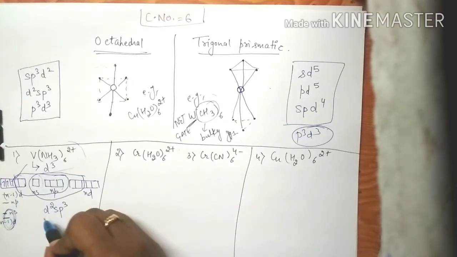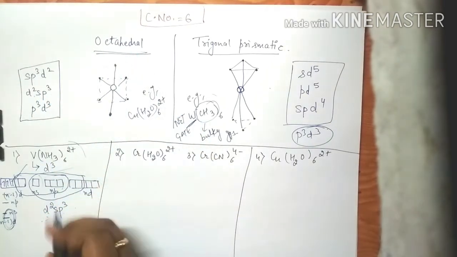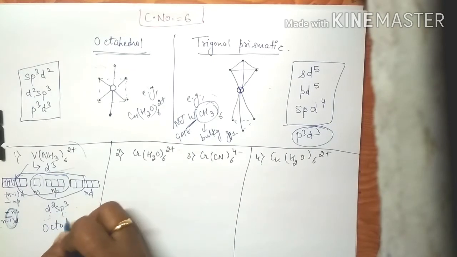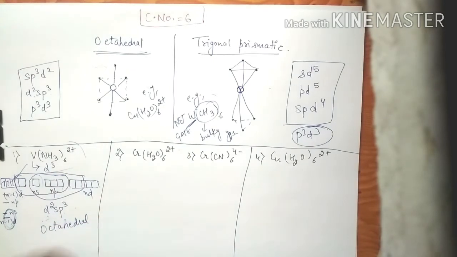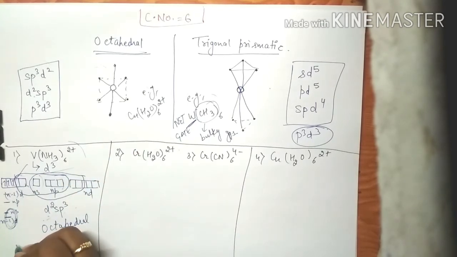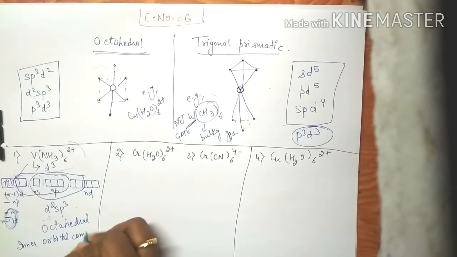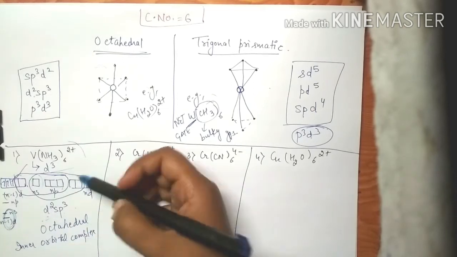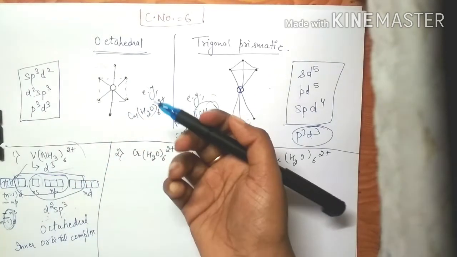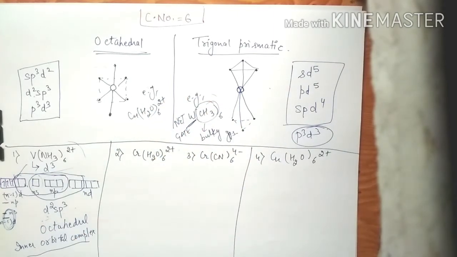So this has d2sp3 hybridization, and therefore octahedral geometry. Because inner d orbitals are used in hybridization, the complex is an inner orbital complex. If we had used outer orbitals, it would be an outer orbital complex.